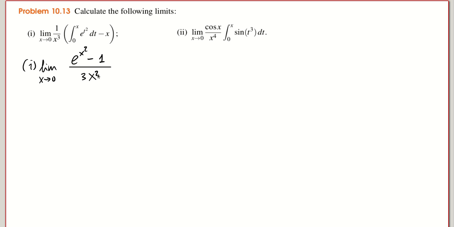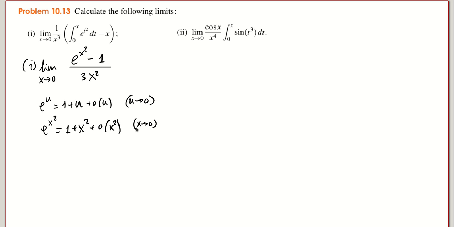We could continue applying L'Hopital, but we don't have to, because the exponential of u is equal to 1 plus u plus o(u) when u goes to 0. And if u is equal to x squared, what you have is e to the x squared is equal to 1 plus x squared plus o(x squared) when x goes to 0, right?